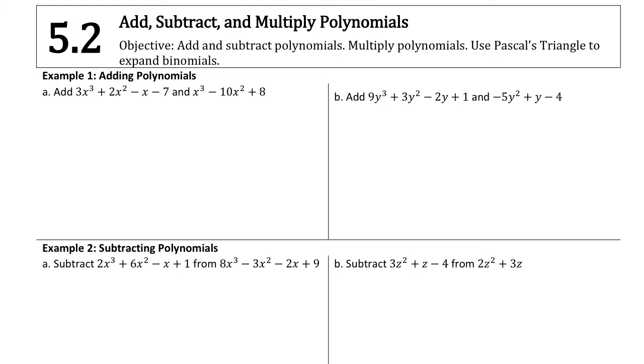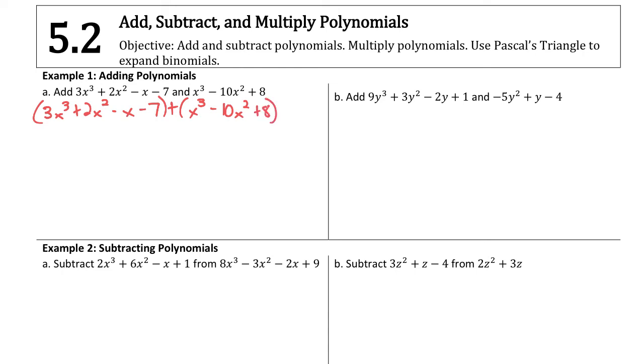The first example, adding 3x cubed plus 2x squared minus x minus 7 plus, and I'll put this in parentheses, x cubed minus 10x squared plus 8.